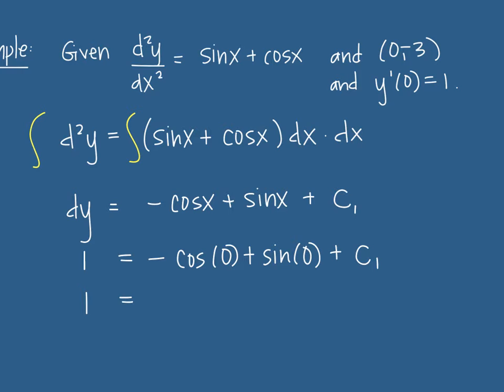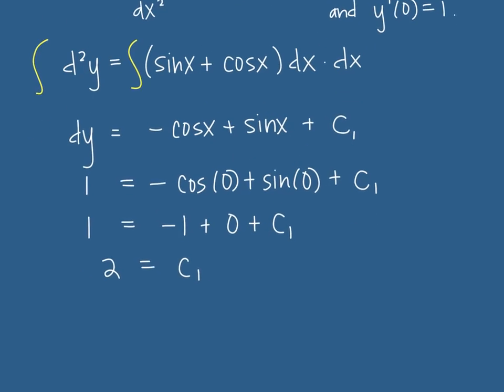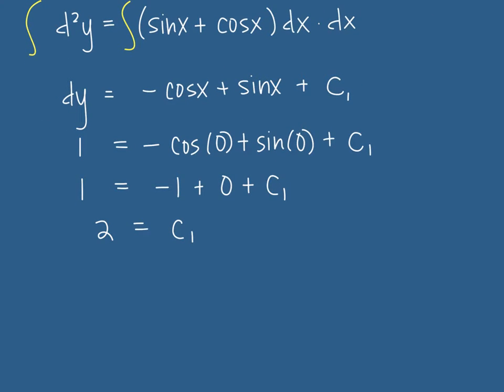So 1 equals, cosine of 0 is 1, so negative 1 plus 0 plus my first c. And so my first c actually turns out to be the number 2. Okay, so I've got dy equals negative cos x plus sine x plus the constant 2 that I just found.